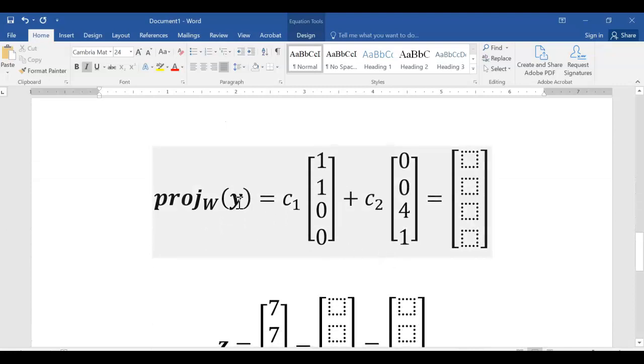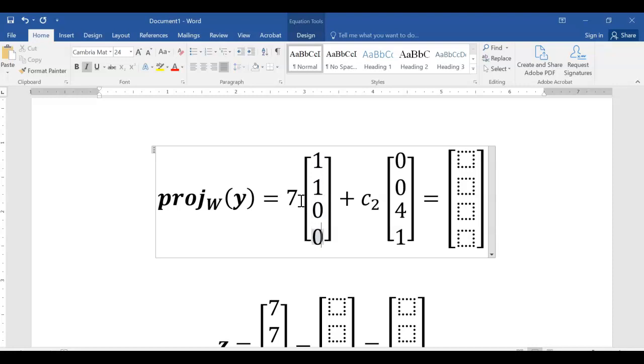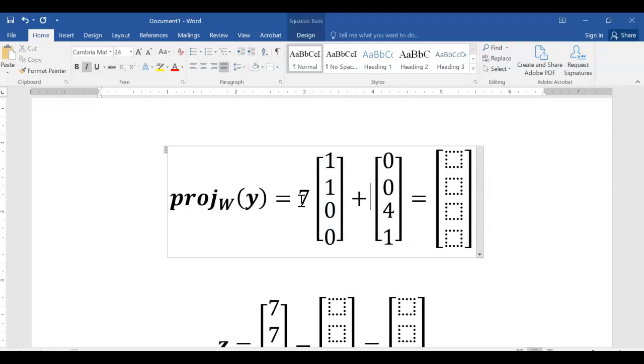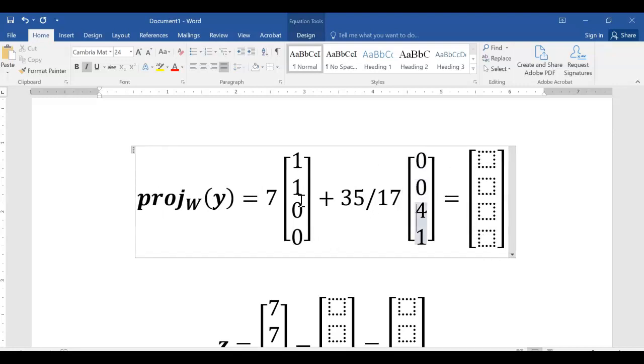So the projection of y onto W is going to be 7 times 1, 1, 0, 0 and 35 over 17 times 0, 0, 4, 1. By the way, what you get there is 7, 7, then 35 over 17 times 4. I haven't calculated that yet, but my calculator can get it. I got 140 over 17.